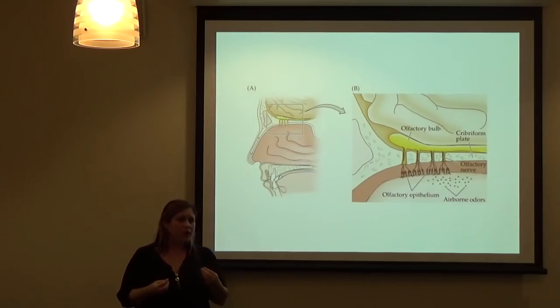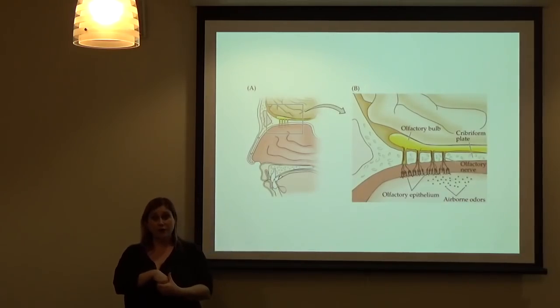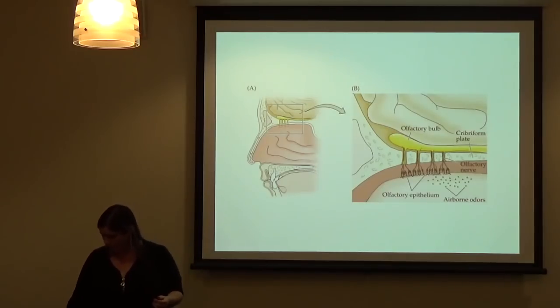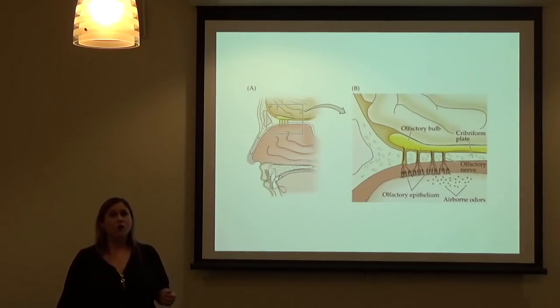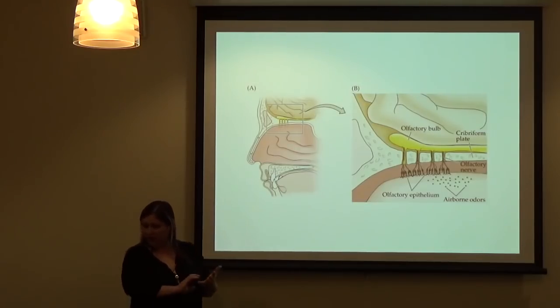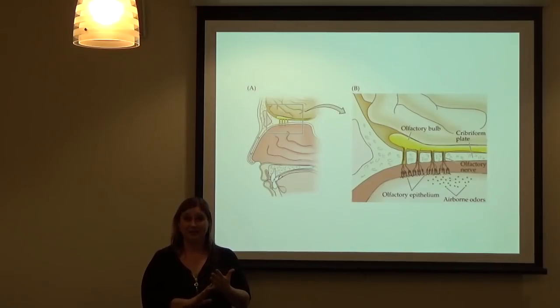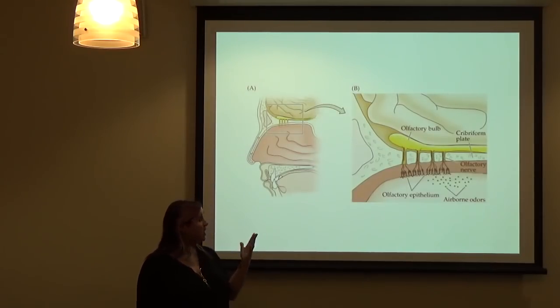In the same way the retina holds the photoreceptors, you have the olfactory receptor cells inside the olfactory epithelium. There are over 20 million of them total, but there are at least 350 different kinds. When we were talking about taste receptor cells, there were only 5 kinds.